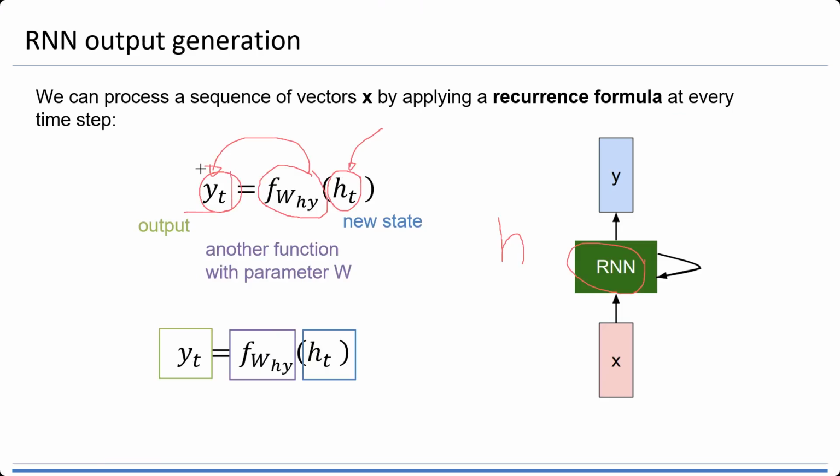So this is the output, and this is the new state. This is a function with the parameter W, which later on we can see as a weight. When we have a weight, we can use it to calculate the current hidden state to produce the output.